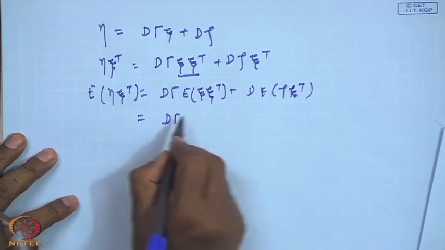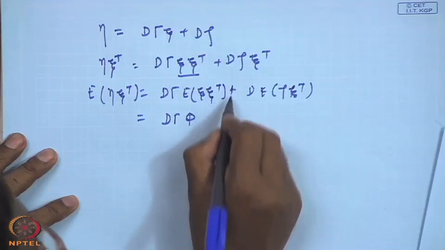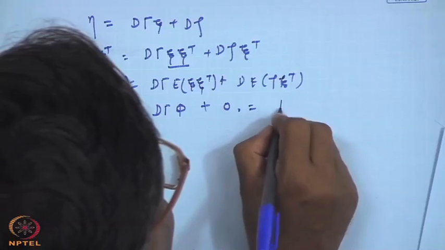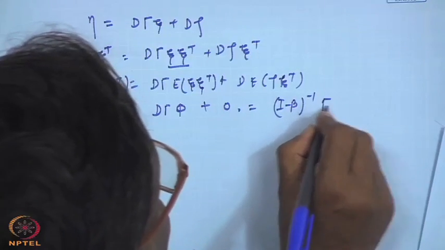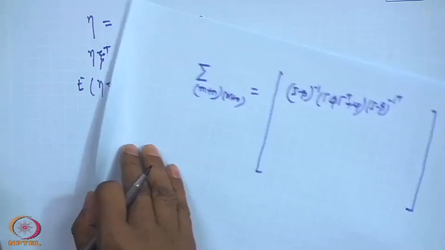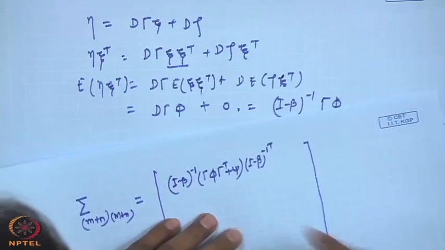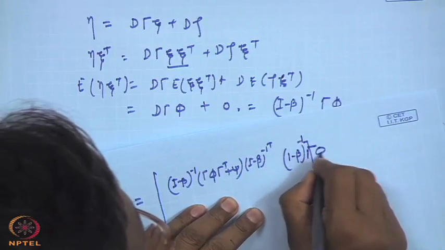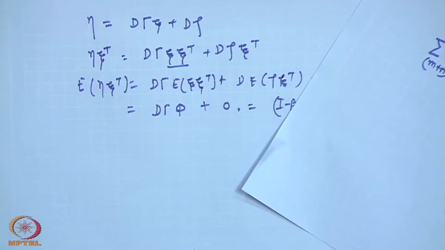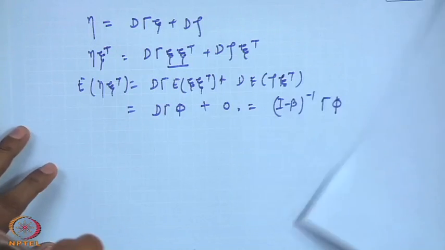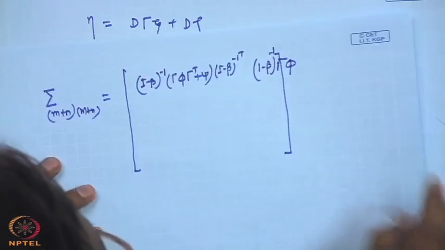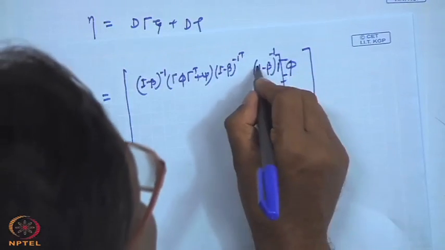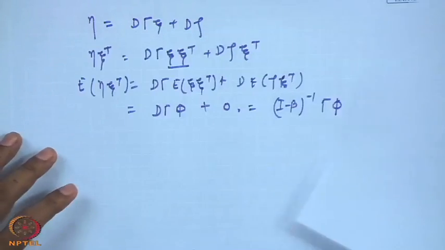This is d gamma phi plus this will be 0. So, our second part, where d is I minus beta inverse, is I minus beta inverse gamma phi. So, you write down here I minus beta inverse gamma phi. Okay, this is the case.